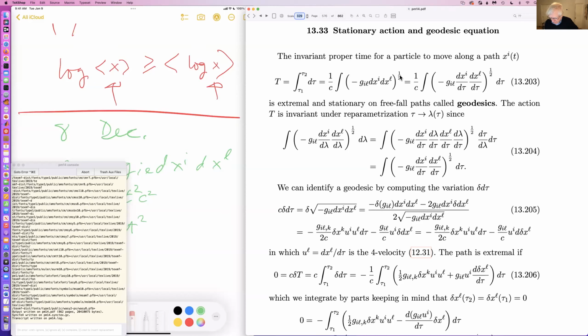So that's the time in the free fall coordinates, and that's the proper time apart from a factor of c. And so what's normally done to evaluate this is to rewrite dx^i as dx^i/d tau times d tau, and dx^j as dx^j/d tau times d tau. And then you've got two d taus that come out of the square root and give you a d tau. And so this is the invariant proper time for a particle free falling.